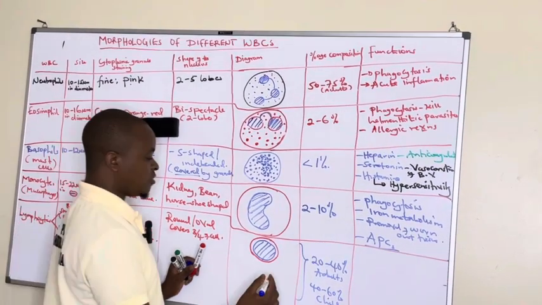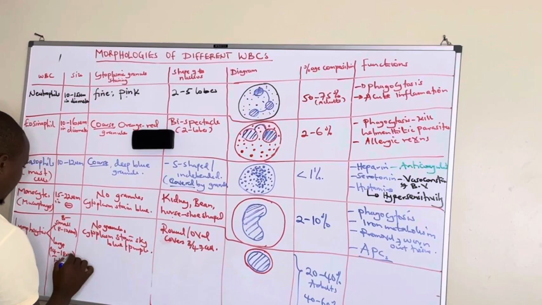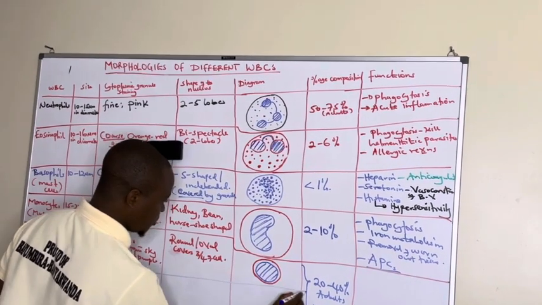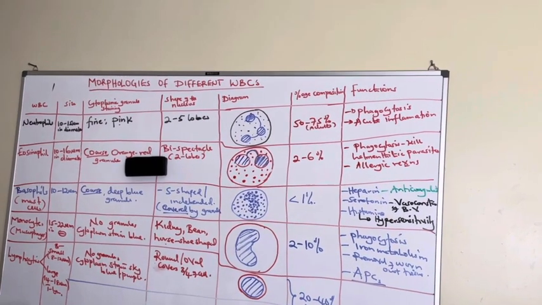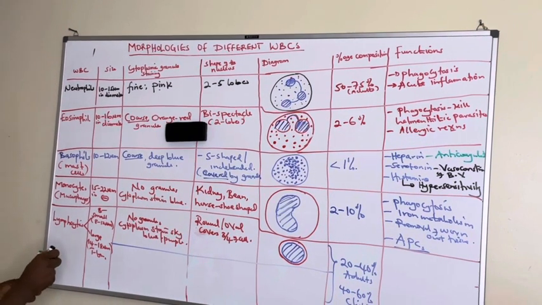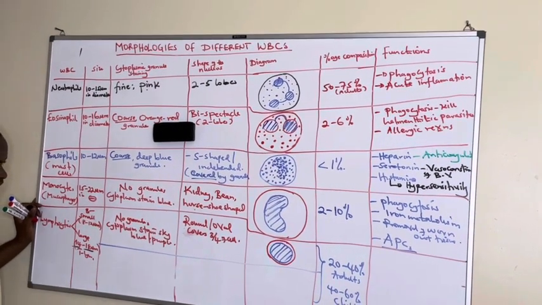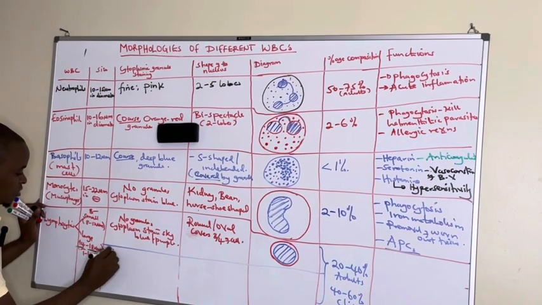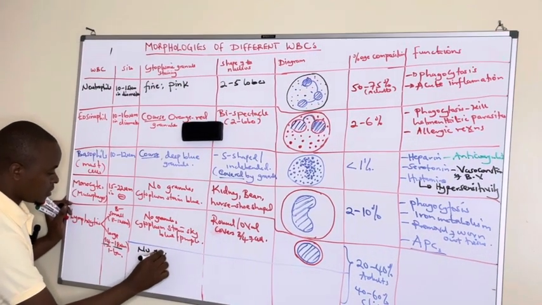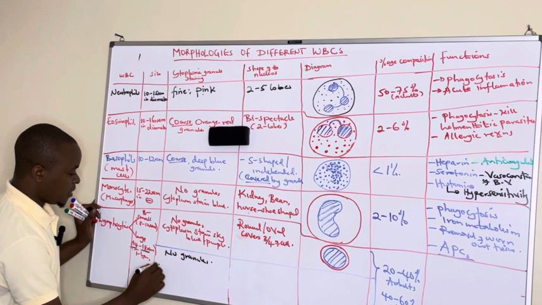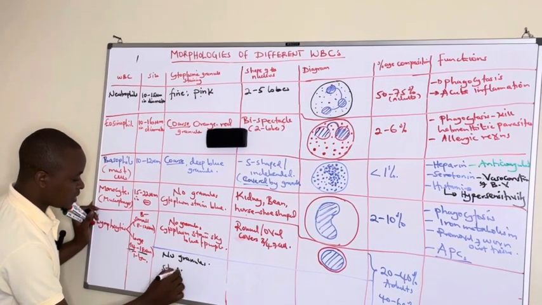Then, as for their major function, let me first talk about the large lymphocytes. They measure between 14 to 18 or 20 micrometers. Also, they have no granules. The cytoplasm stains blue.